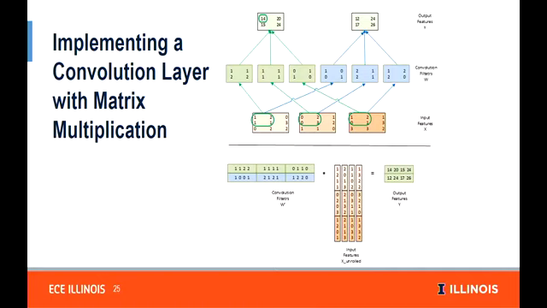So if you look at this convolution here, we have three inputs, right? The output is the convolution of these four elements with these four elements of the mask, plus the inner product of these four elements and these four elements of the mask, plus the inner product of these four elements and the four elements of the mask.